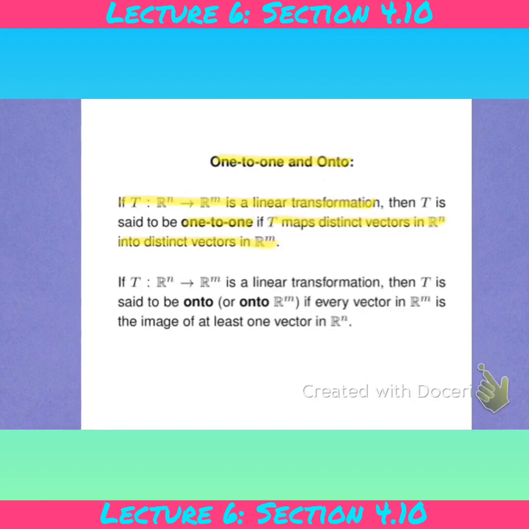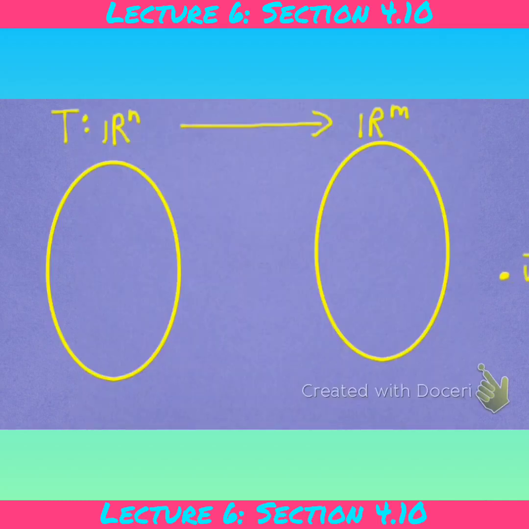Alright, so the second concept, onto. We say that a linear transformation is onto if for every vector in the codomain, there is a vector in the domain that maps to it. That's the same as saying that every vector in the codomain is the image of at least one vector in the domain. I pick an arbitrary vector V in the codomain.